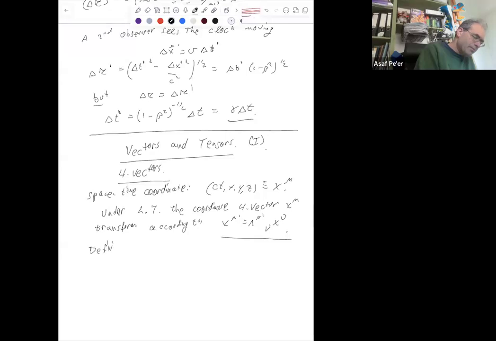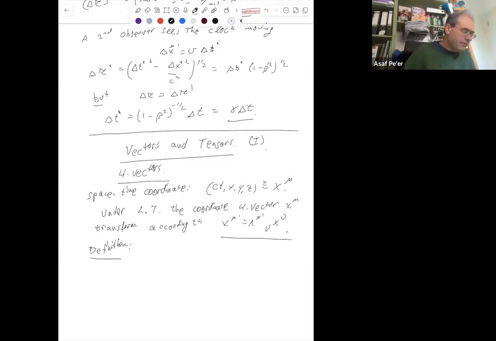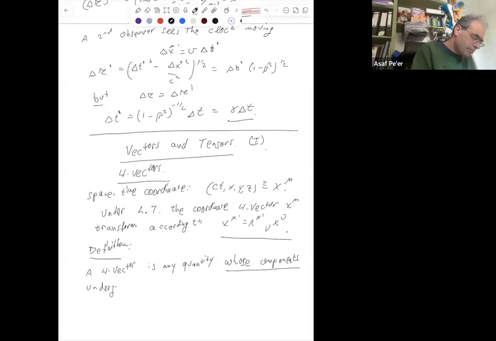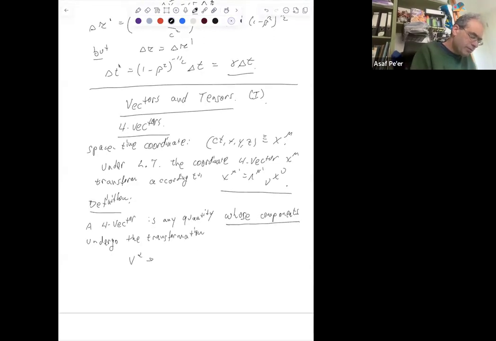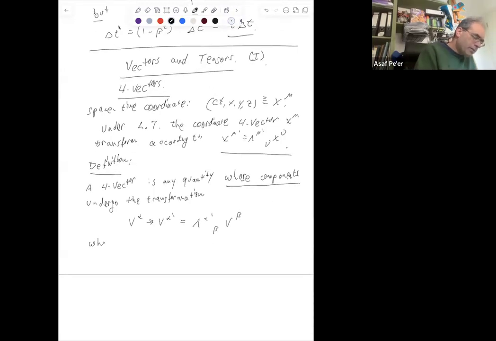Definition: a 4-vector is any quantity whose components undergo the transformation V^α goes to V^α', which is Λ^α'_β V^β, when the coordinate system is transformed in the same way.